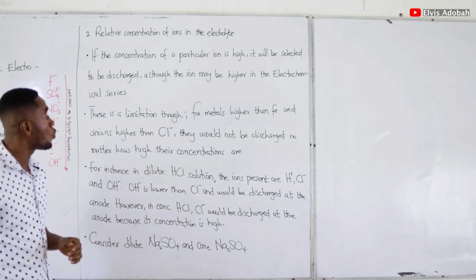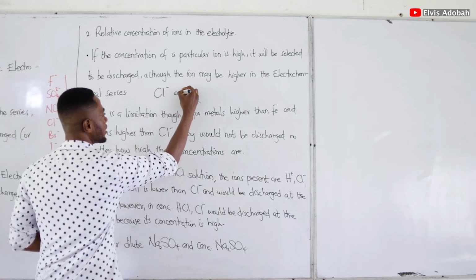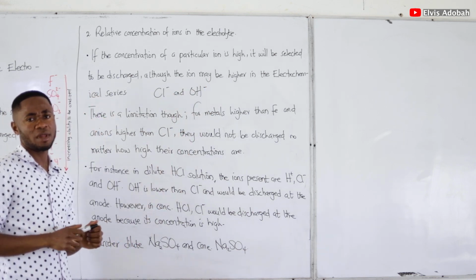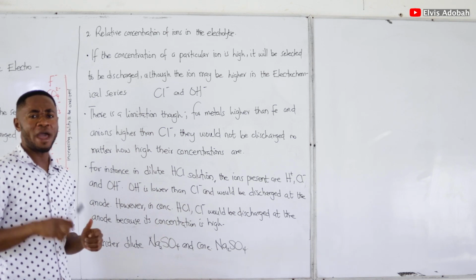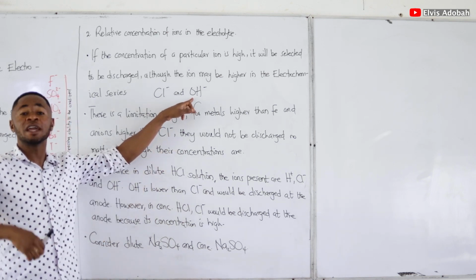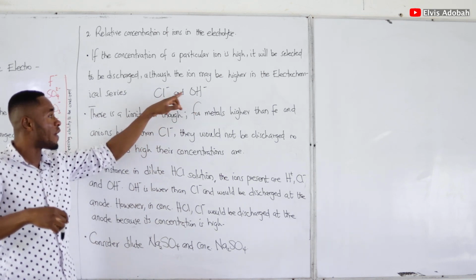What we are saying is, we could have chloride ions and hydroxyl ions at the anode. Per the first factor we looked at, hydroxyl ion is the one which is lower in the series over here.